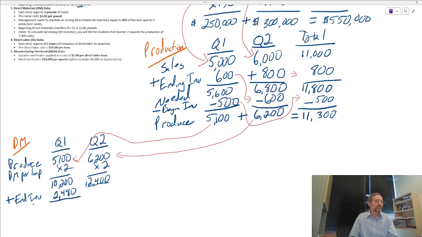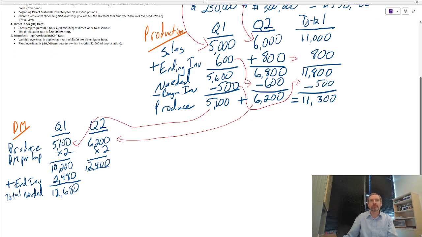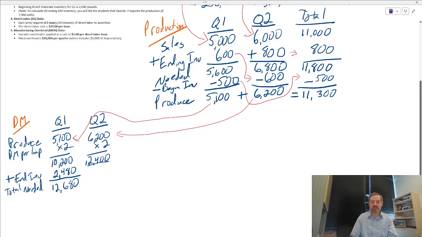So total materials needed are 12,680. And again, just like the production budget, we might have something on hand at the beginning that we don't actually need to buy.